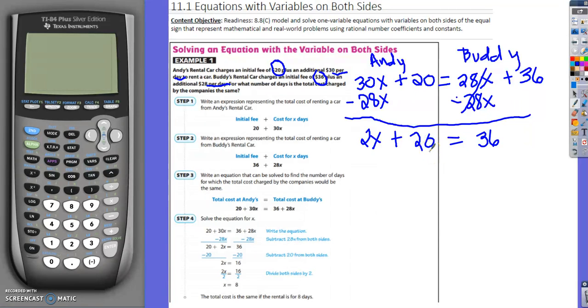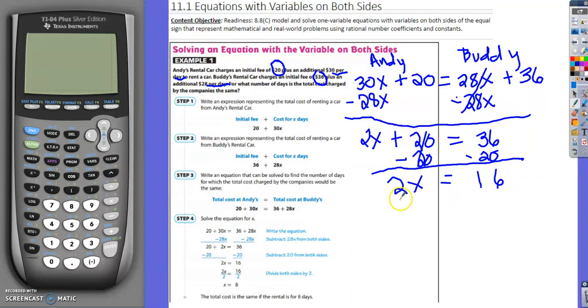The inverse, or the opposite of plus 20, is minus 20. What you do to one side of the equation, you have to do to the other side. We bring down the 2x. This cancels out. 36 minus 20 is going to get me 16.